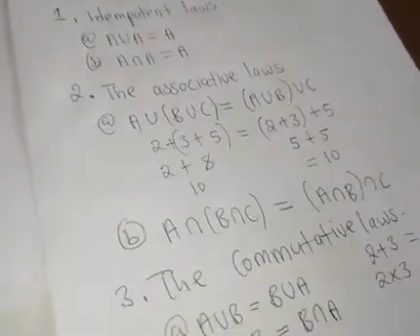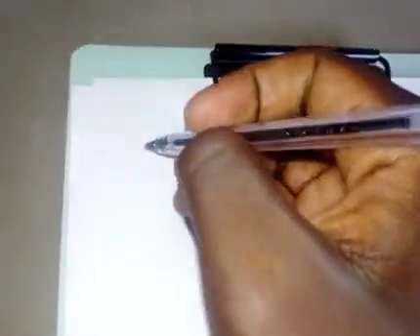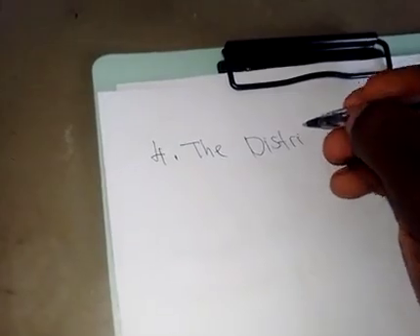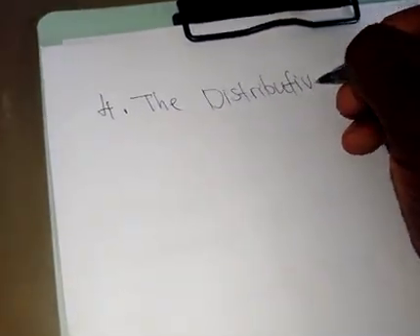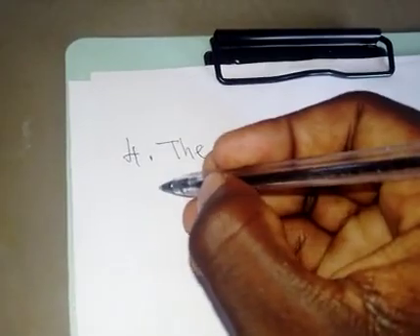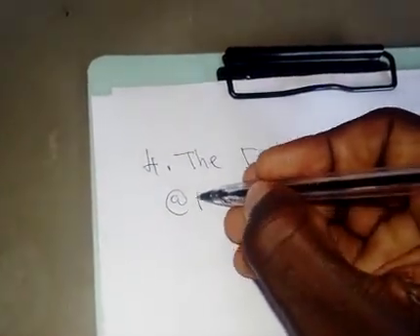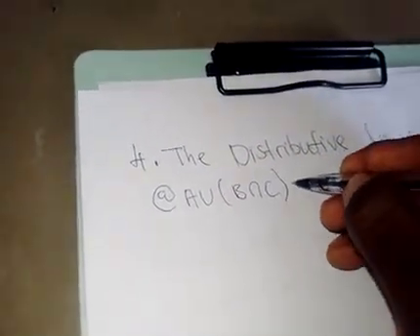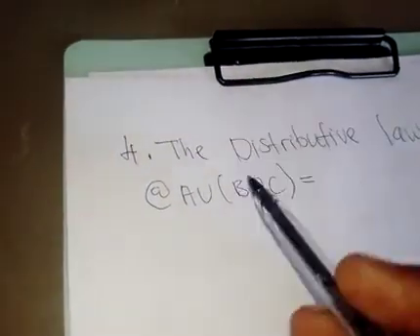So from the commutative laws, number 4, we have what we call the distributive laws. For the distributive laws, the first one, if you have A union (B intersect C), we can distribute this.